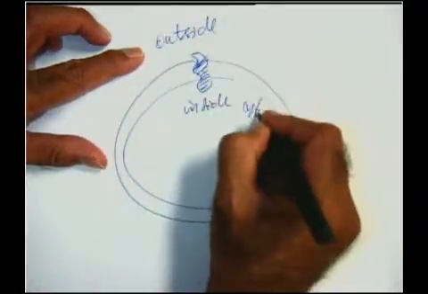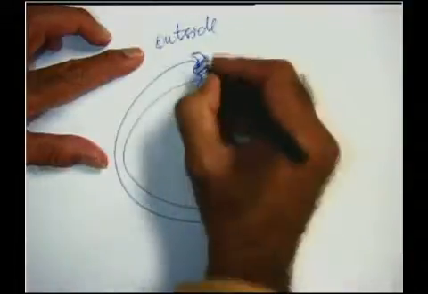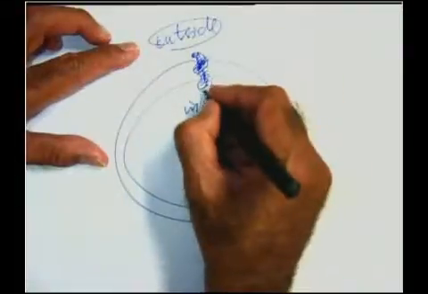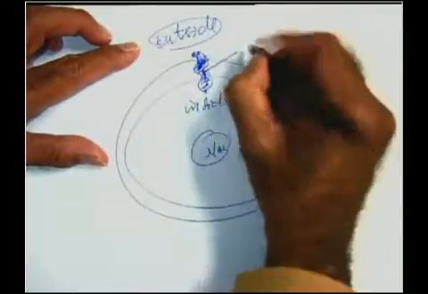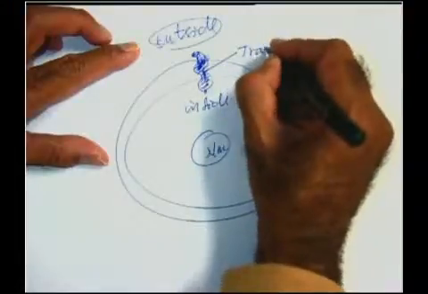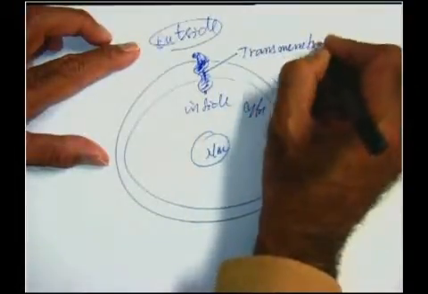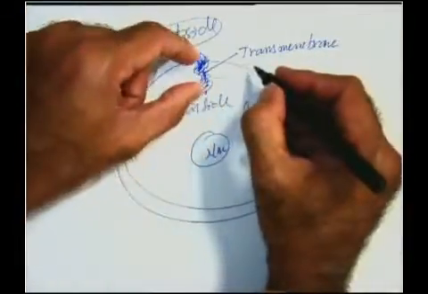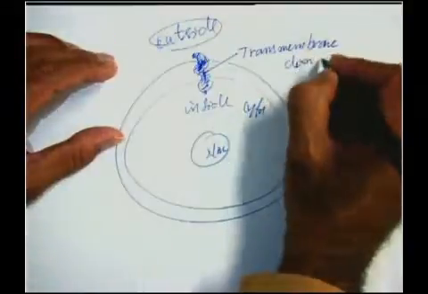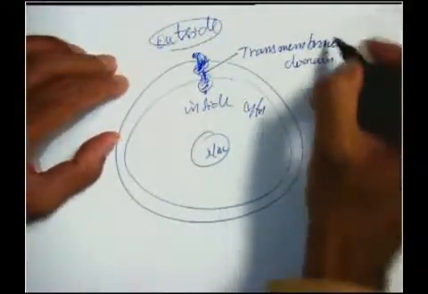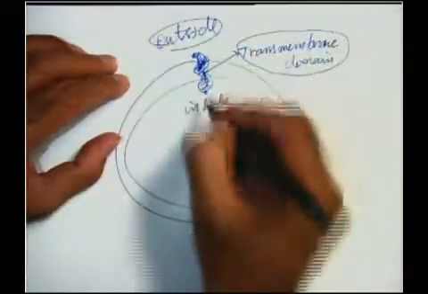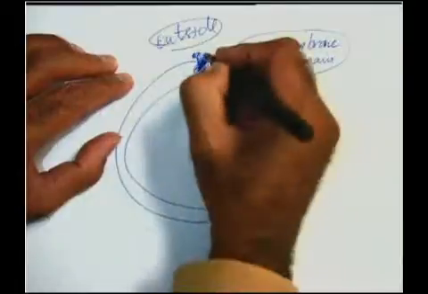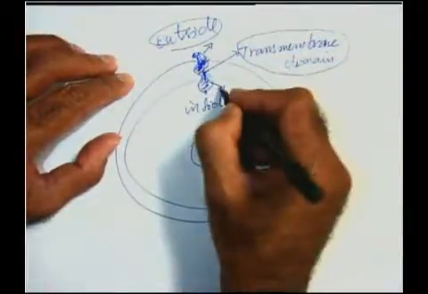Inside you have the cytosol, and this is the nucleus. So this receptor molecule is connecting the outside as well as the inside, and in between you get a membrane domain. You call it a transmembrane. In the protein, we normally say this region is the transmembrane domain, the region of the protein which is present over there. So you have one part here inside and another part outside as a surface, and the transmembrane domain.